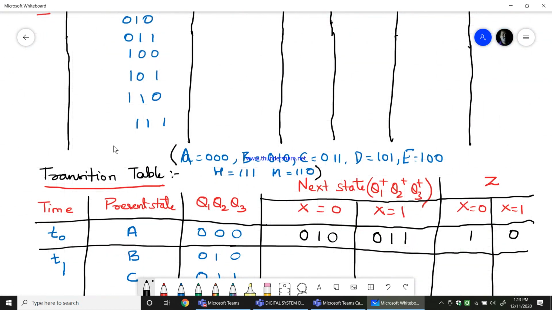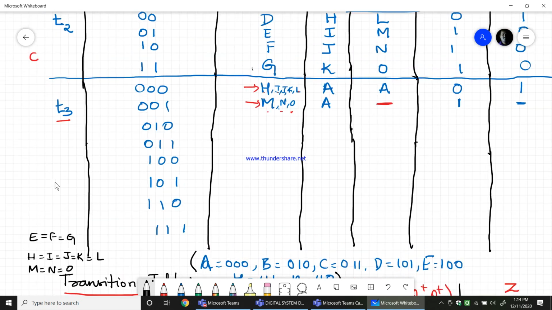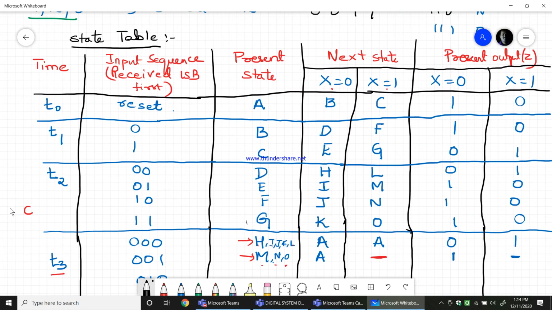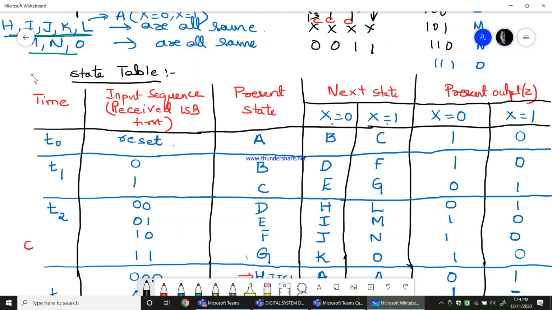Here H, I, J, K, L are equal, M, N, O are equal, E, F, G are equal. Have you understood how E, F, G are equal? All three, if you see, will generate the same output for the input that we consider.